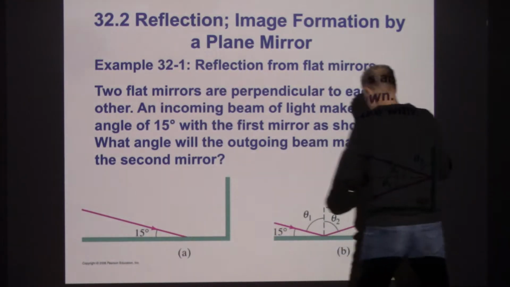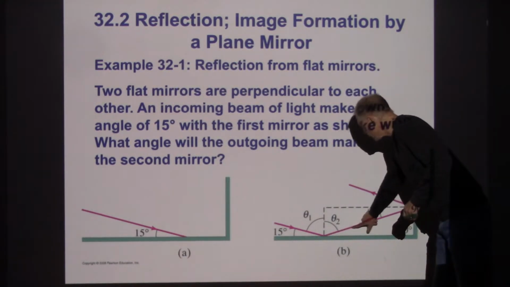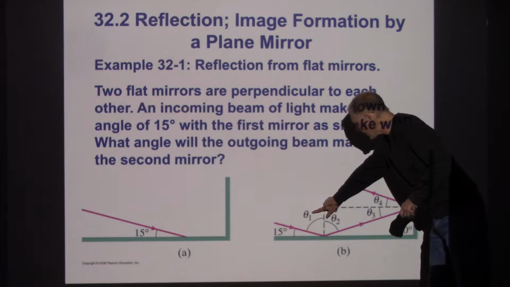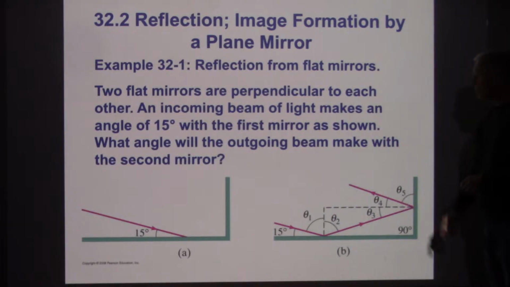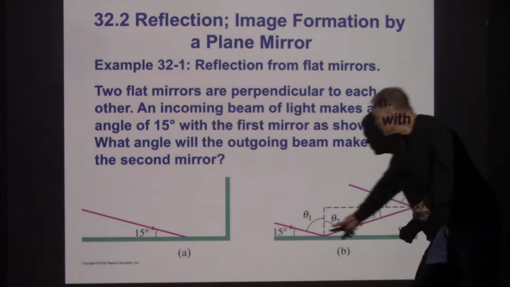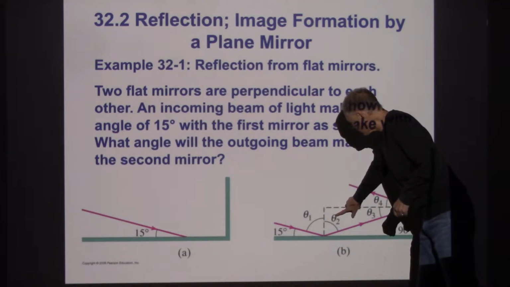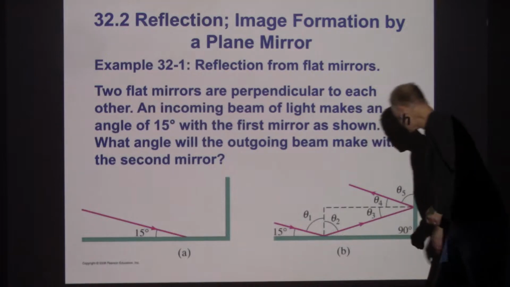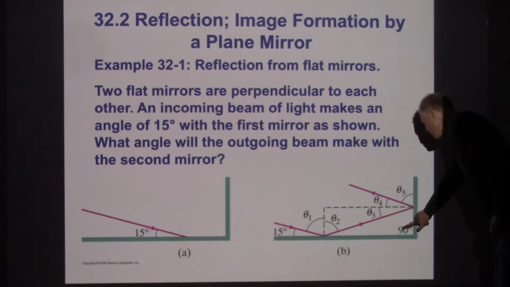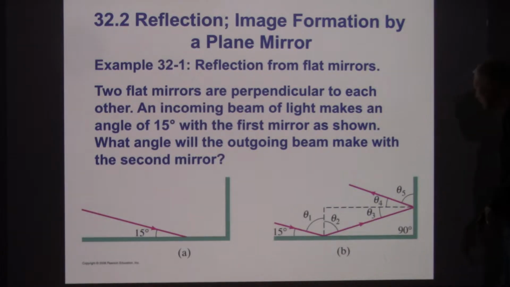So, if the reflected angle matches the incident angle, then theta 2 equals theta 1. So this is 15 degrees, the complement is 75, this would be 75, this would be 15. Now that's a 90-degree angle. So it's specific.